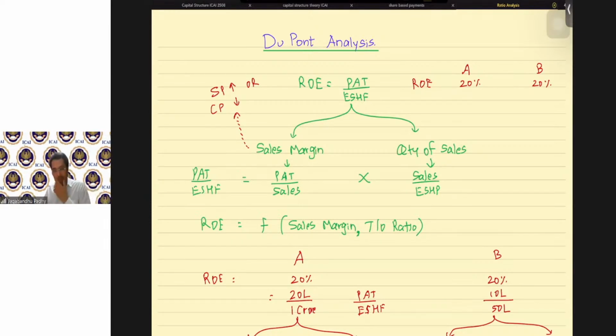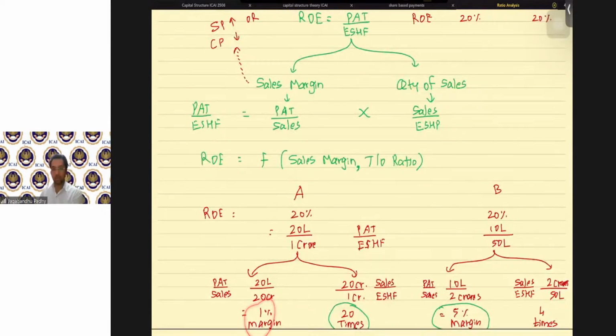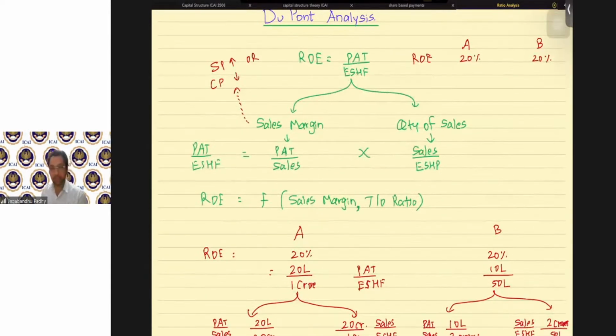At 2 levels, if you want to increase the return on equity, you should be working on the margin and the turnover, basically the quantity of sales. So if A increases its margin, it can go for higher return on equity, and B should work on increasing the turnover. That's the 2 layers of analysis of Dupont.